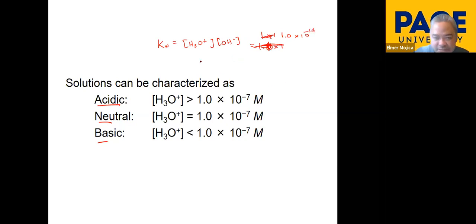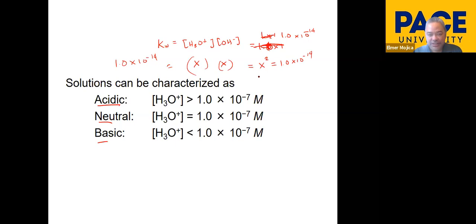So what does it mean? If we have that value, we can determine the value of our H3O+ and OH-. So let them equal X. So what will be the value of X? Because X times X will give you X squared. So X squared is equal to 1.0 times 10 to the negative 14.